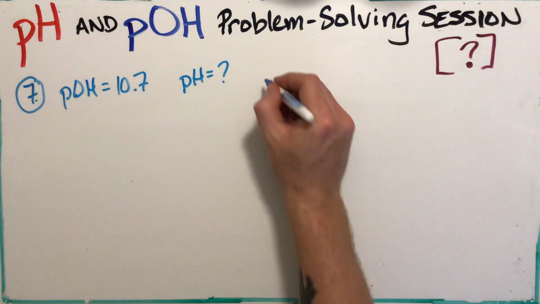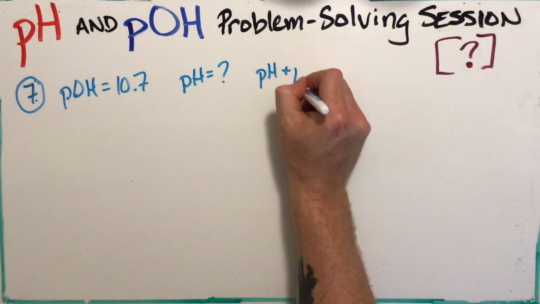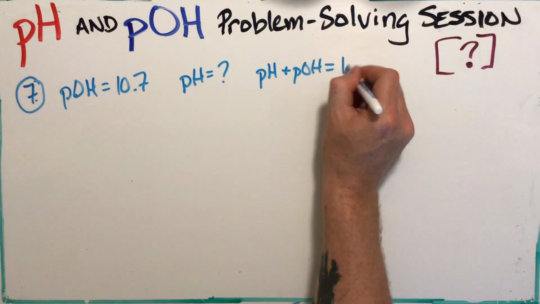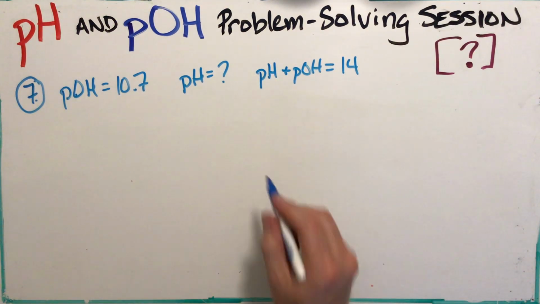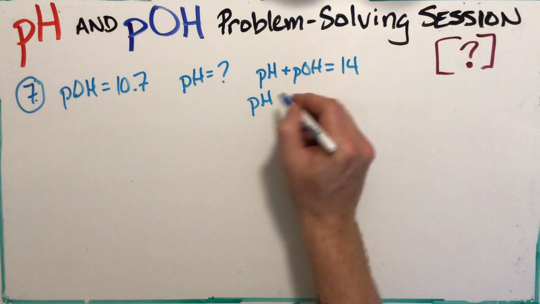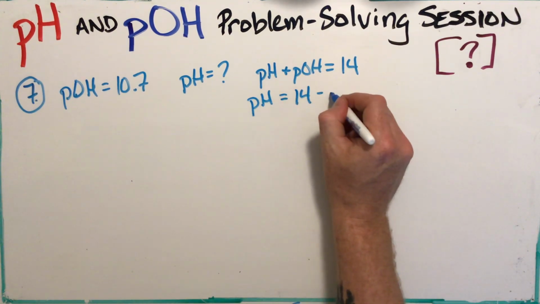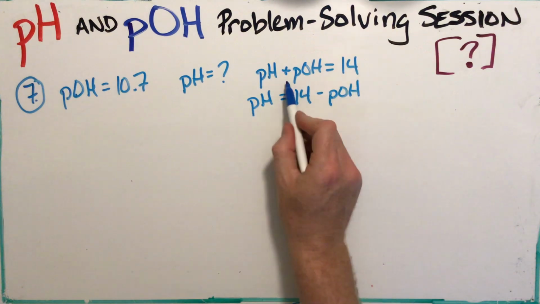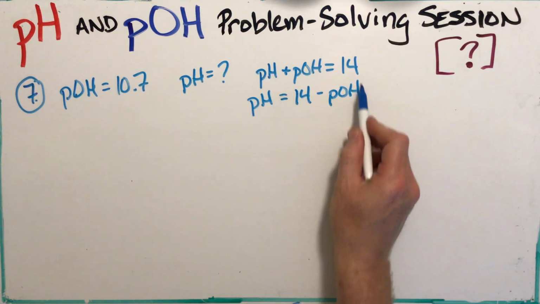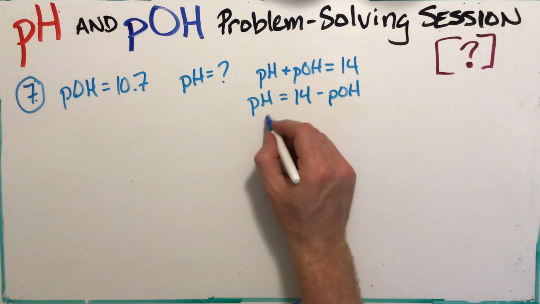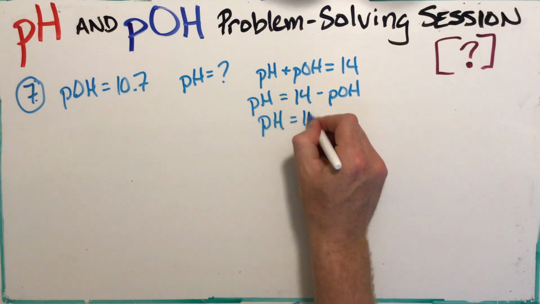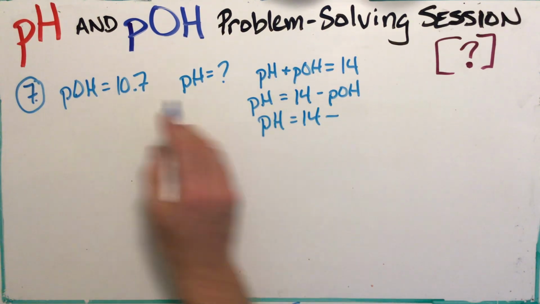I know that pH plus pOH have to equal 14. All right, we just kind of did this step in the last problem. So what I'm going to do is I'm going to say, if this is plus pOH, on the other side with the 14, it would be minus pOH. And so pH is equal to 14 minus the 10.7.